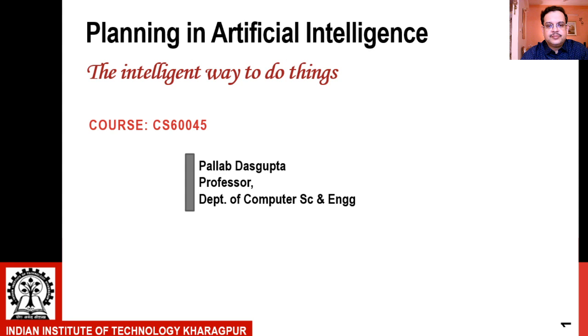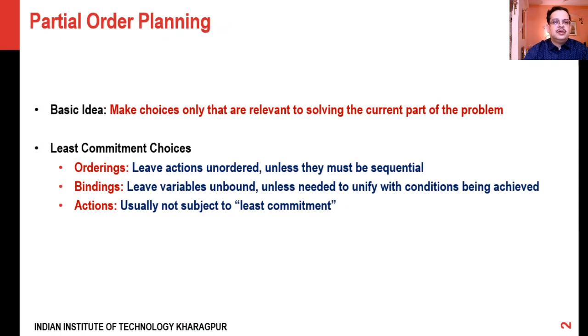So in our discussion we were looking at the partial order planning algorithm, and we referred to this algorithm as a partial order planning algorithm because the plan that it produces at the end is not a totally ordered plan in general.